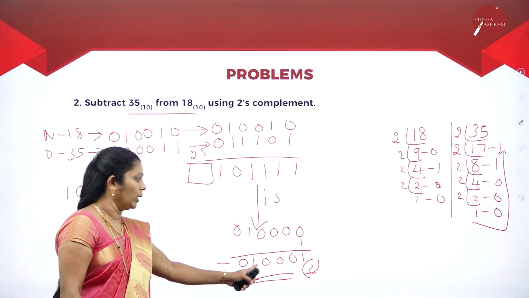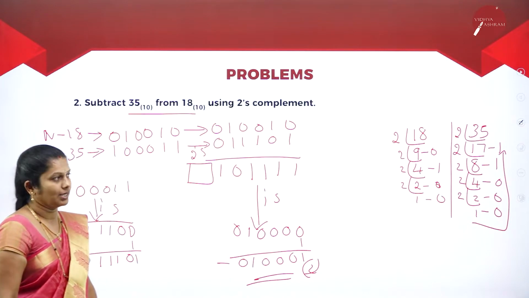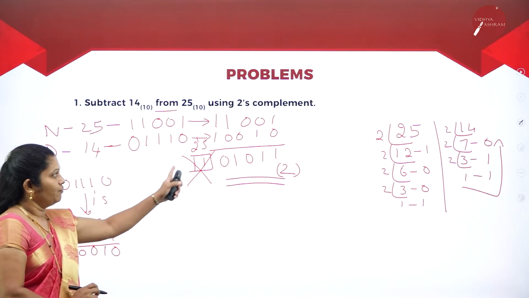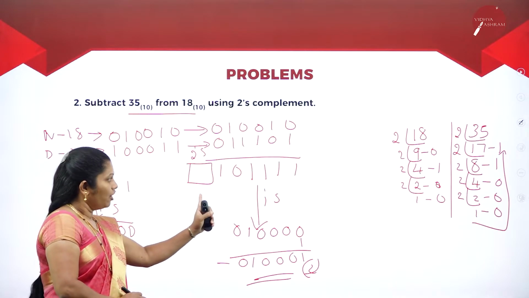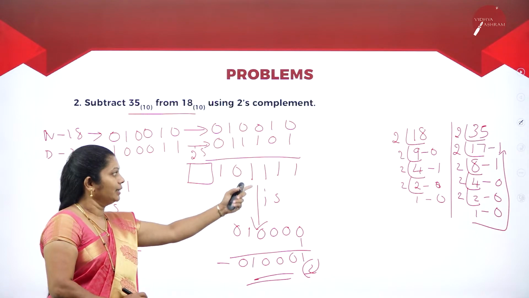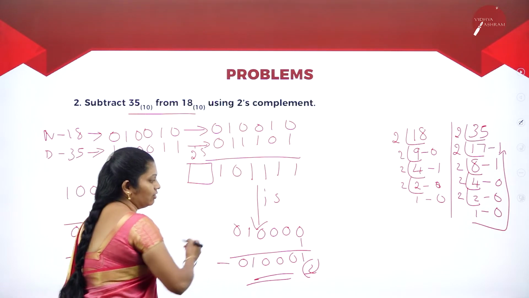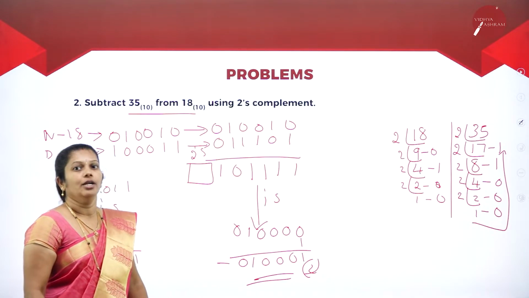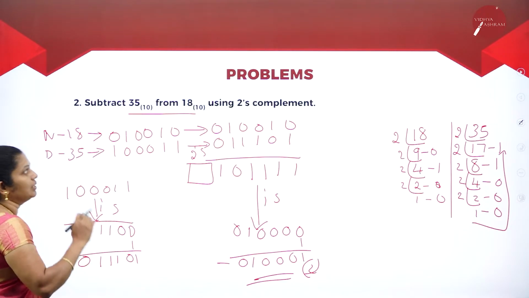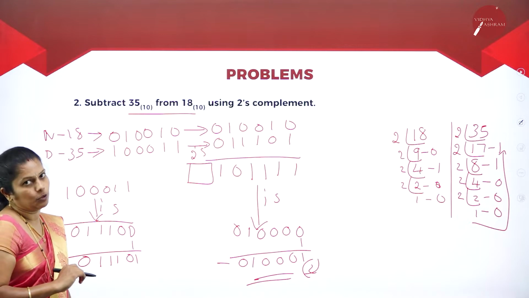See here, minus 0 1 0 0 1 0 is the result. It means that if you get an extra carry in 2's complement, then you have to ignore it. If you are not getting any extra carry, then whatever result we get, convert that into 2's complement and put a negative sign to subtract a given number using 2's complement.